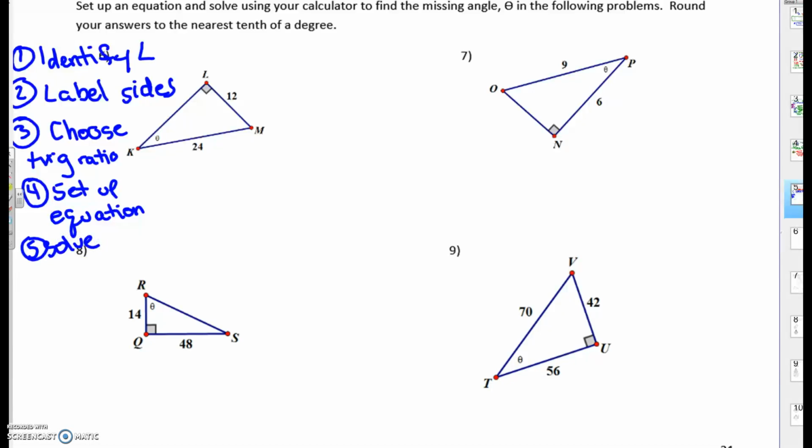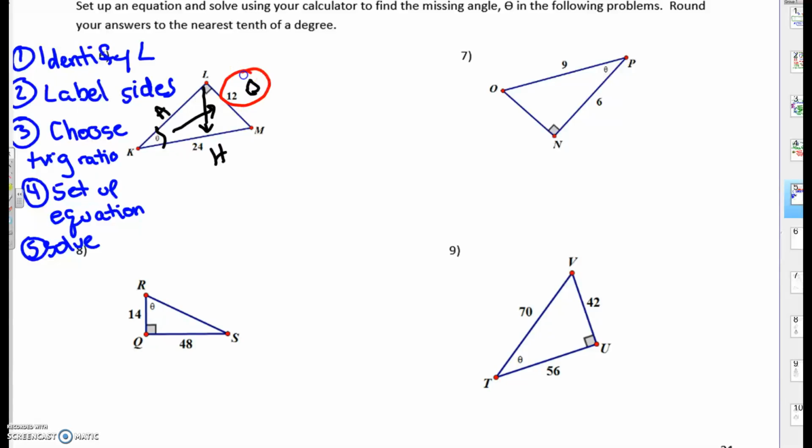So let's take a look here at this first one. My angle right here is angle theta, which is at angle K. So that's my angle. Opposite of angle K is 12. Across from the right angle is the hypotenuse, which means that my leftover side is adjacent.